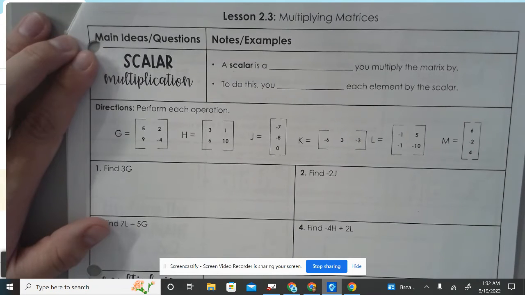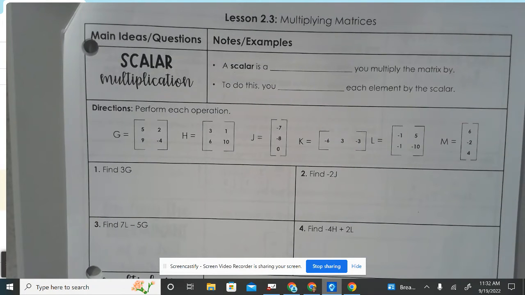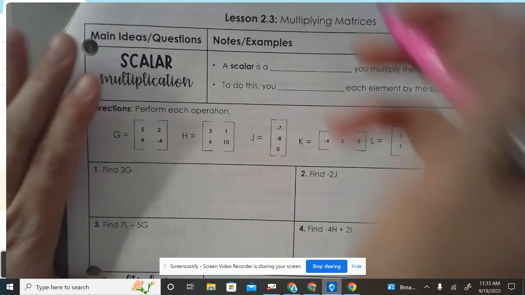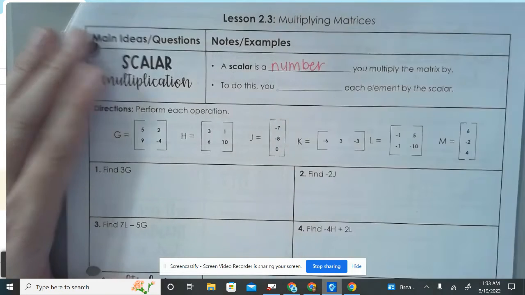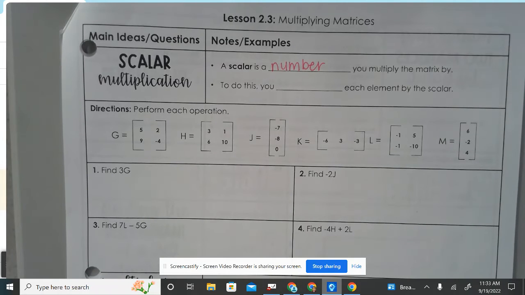But first, we're going to start off with a little bit of a simpler idea. And this is scalar multiplication. So a scalar is a number that you multiply the matrix by. So it's a number times a matrix, not a matrix times a matrix.